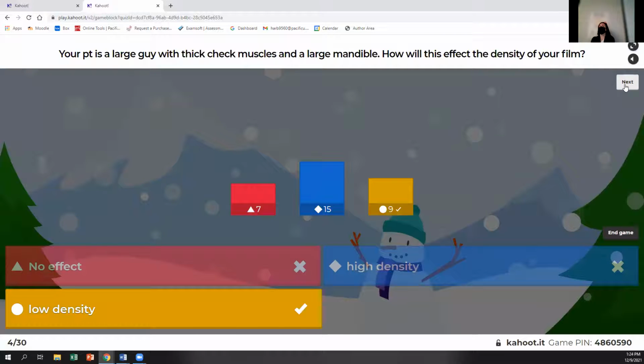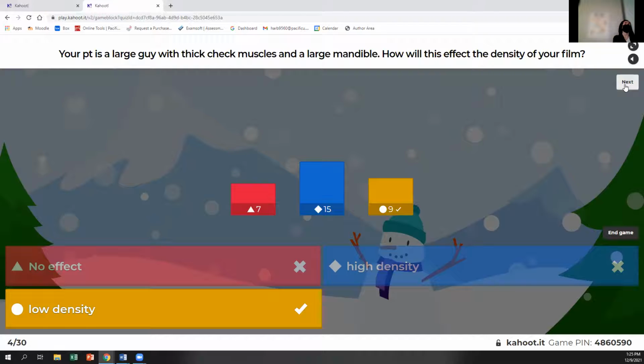So yeah, it's not asking about contrast, but a high density film and a low density film, but we're thinking it's going to make your film lighter. I don't love that question. I would have actually answered it differently.